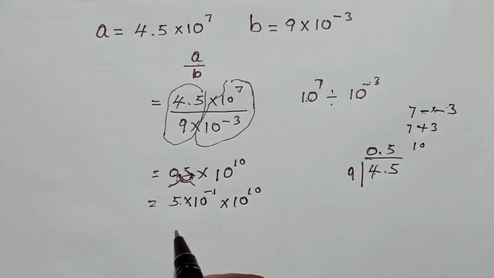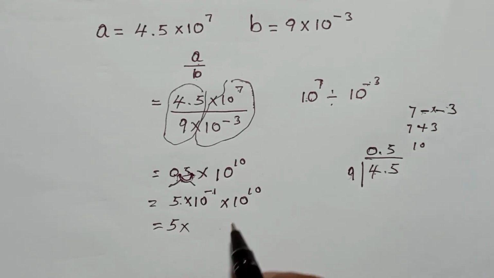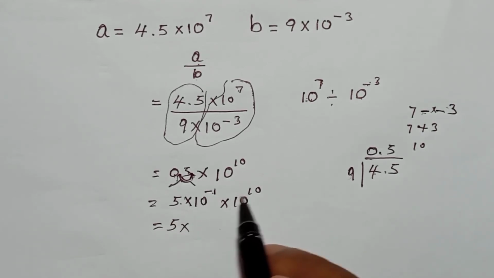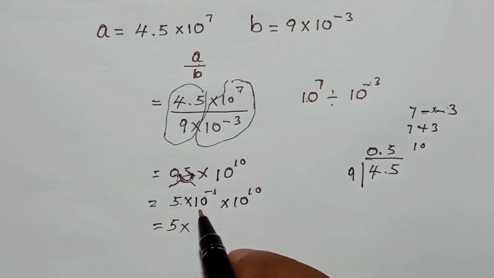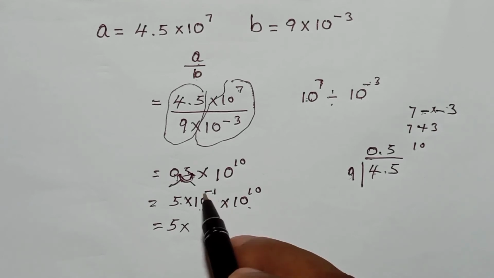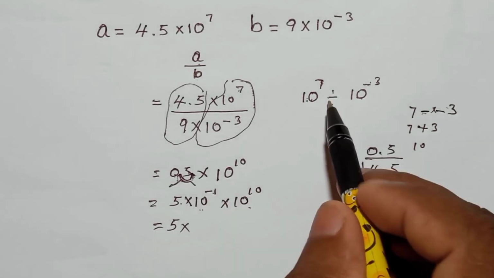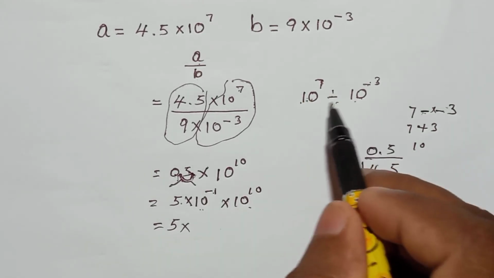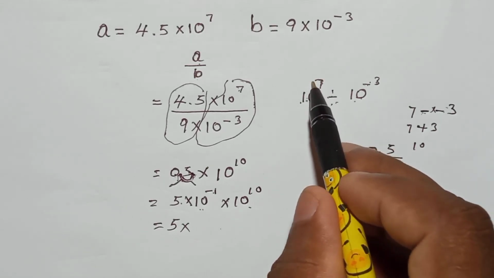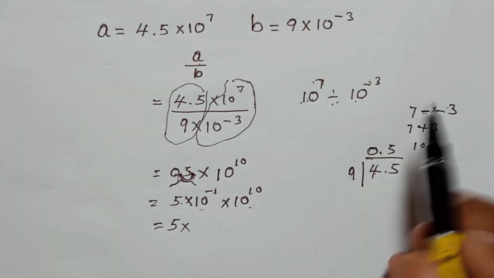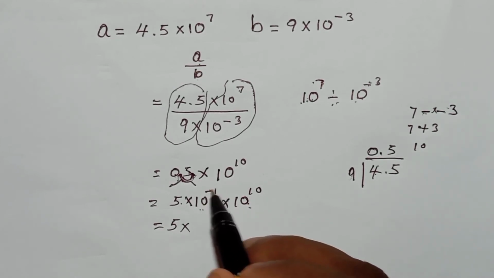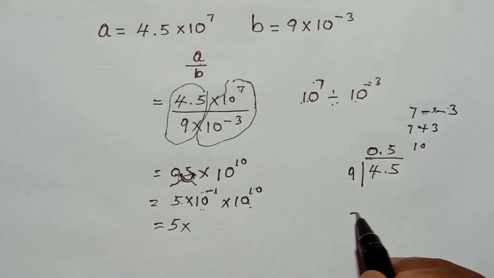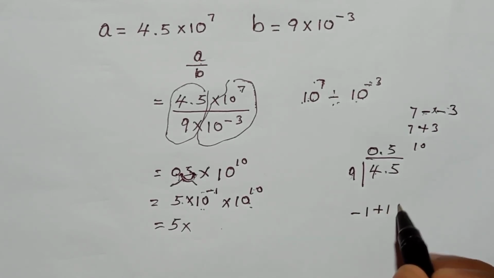Okay, now the final step: 5 into 10 to the power negative 1 into 10 to the power 10. Now again we can apply the index rule. When you have the same base and multiplication, you need to add these two indices. Earlier we subtracted because we had division, from this I subtracted this. Now you have the same base but multiplication, so you add the two indices. That means negative 1 plus 10.